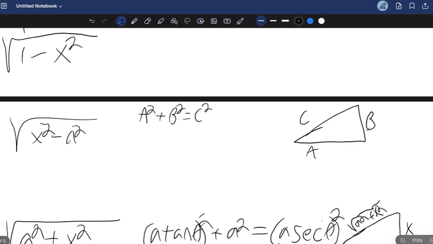To make this look like that, I need to subtract one of these, and I'm just going to choose b squared. That must mean that x is c, that a is b, and that the whole thing is this a.